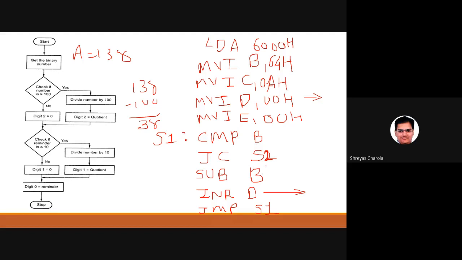Okay. Now complete the program. The same thing you need to write for 10. You should have your answer in 7000, 7001 and 7002. Here it should be the last digit.